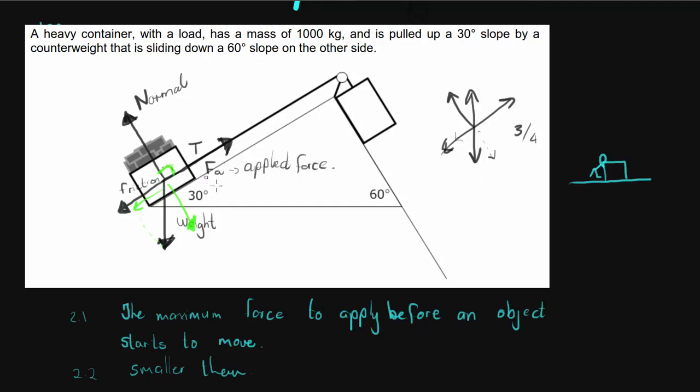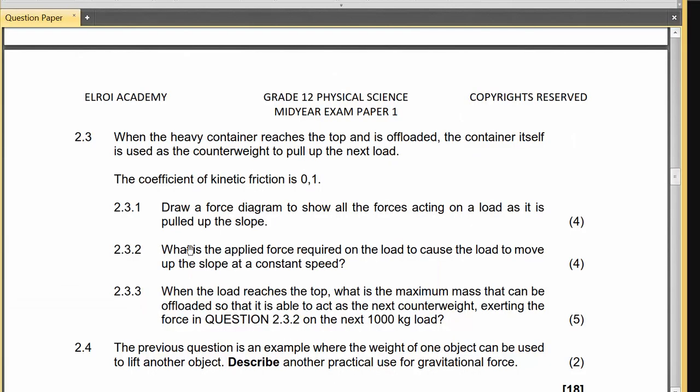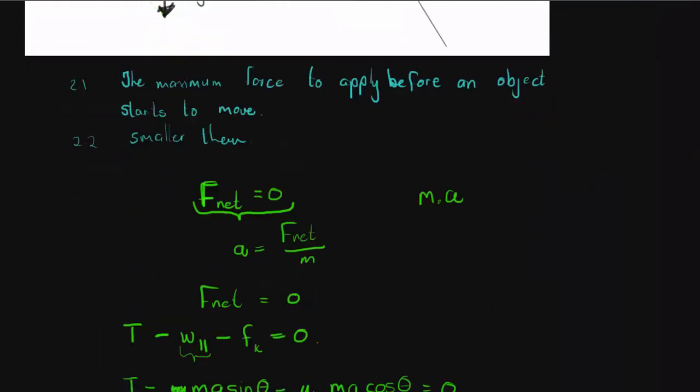If I just plug in all my information, my angle is 30 degrees. My mass is 1,000 kilograms. What am I trying to calculate? I'll go back and make sure: what is the applied force required? That's this T value.